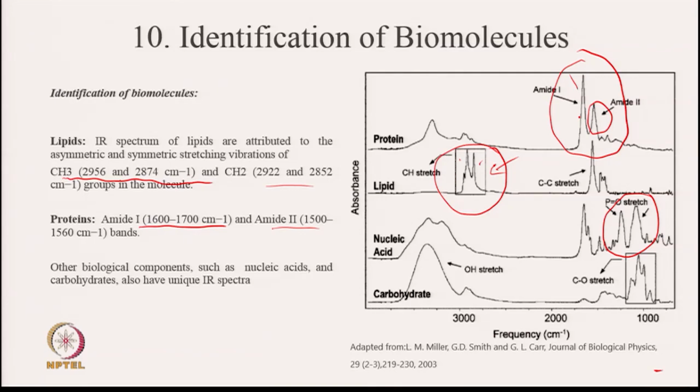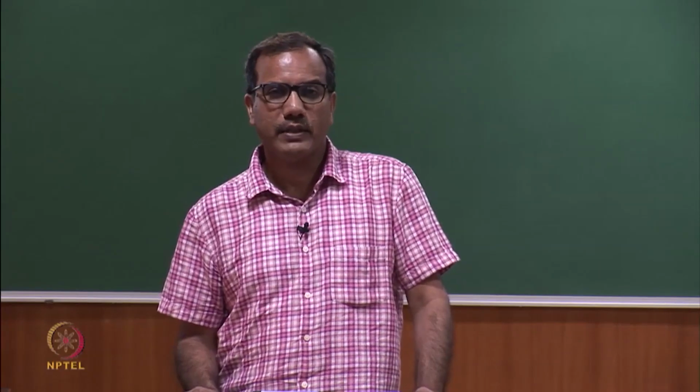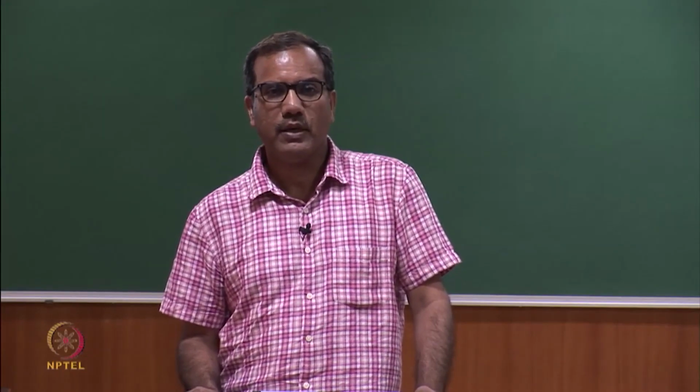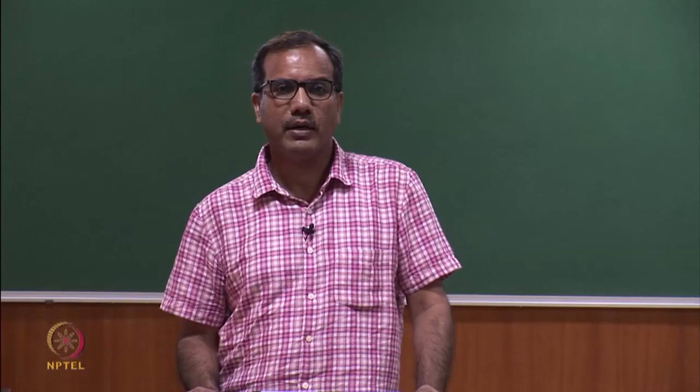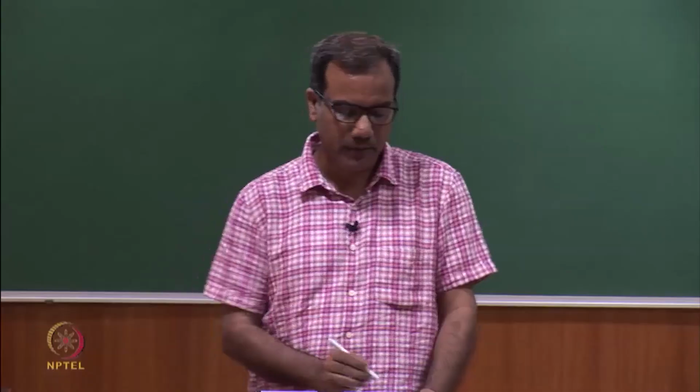Similarly, other biological components such as nucleic acids and carbohydrates have their unique IR spectra. So, based on the IR spectrum of a sample, you can tell whether a protein or a lipid or a nucleic acid or carbohydrate is present in the sample.